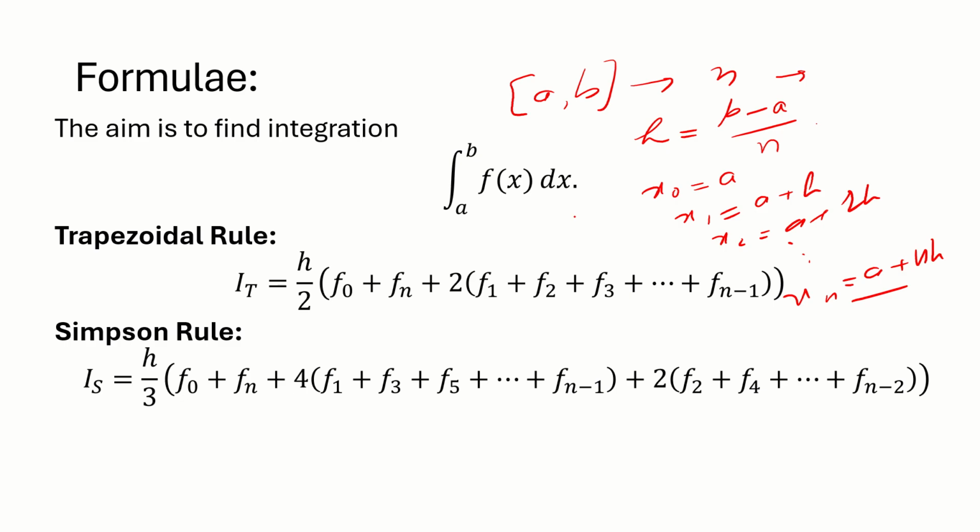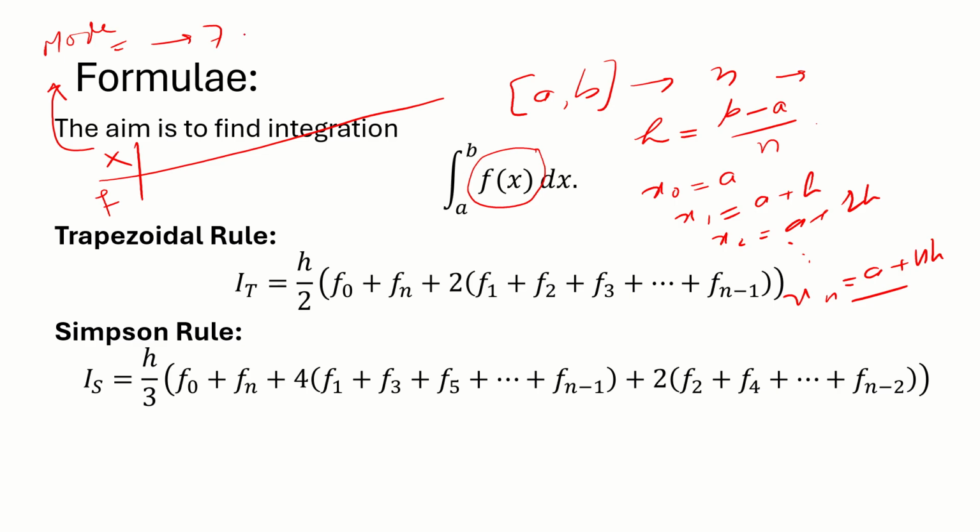Once we have found the value of x, then we find the value of function as well. The function will be taken from the integrand, and sometimes we construct a table. That will give you the value of x and corresponding value of function, which can be found by using calculator directly. When you go to mode in the calculator and then you press 7 key or maybe different keys, where you would see the word table.